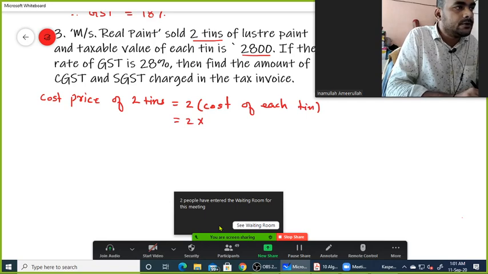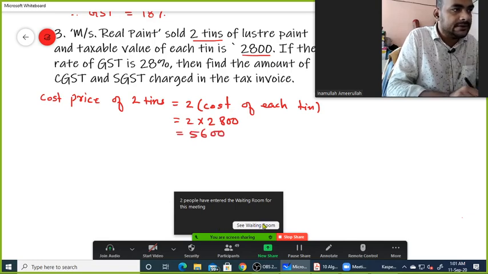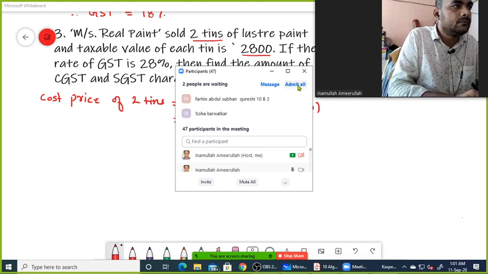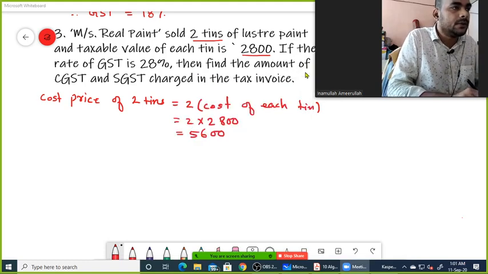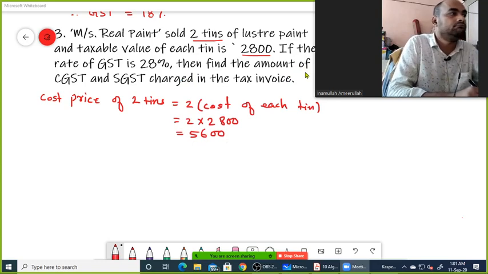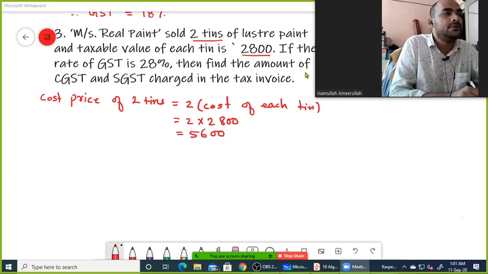So cost of each tin is 2800. So your final cost price is 5600. Correct? So cost price of 2 tins is 5600.